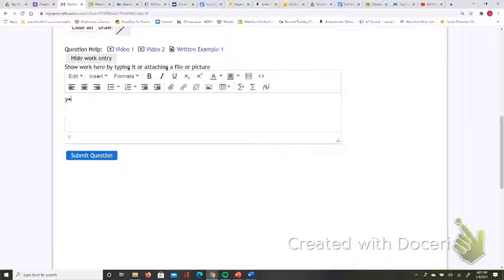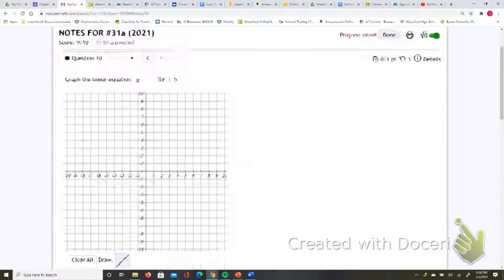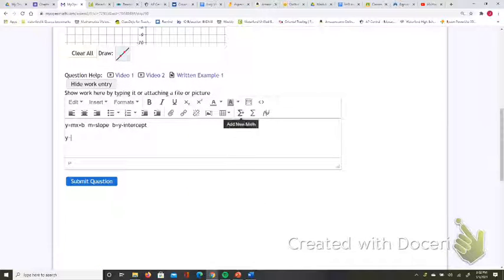y equals mx plus b. m equals slope. b equals y-intercept. y equals negative 3x plus 5, negative 3x plus 5, m equals, b equals.